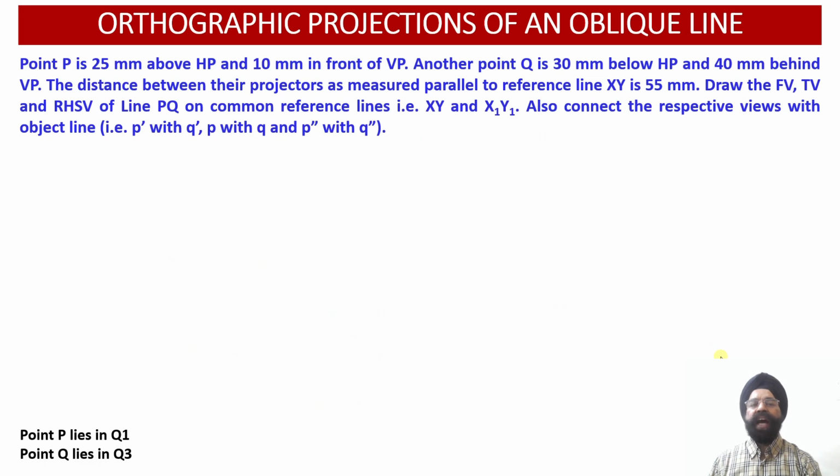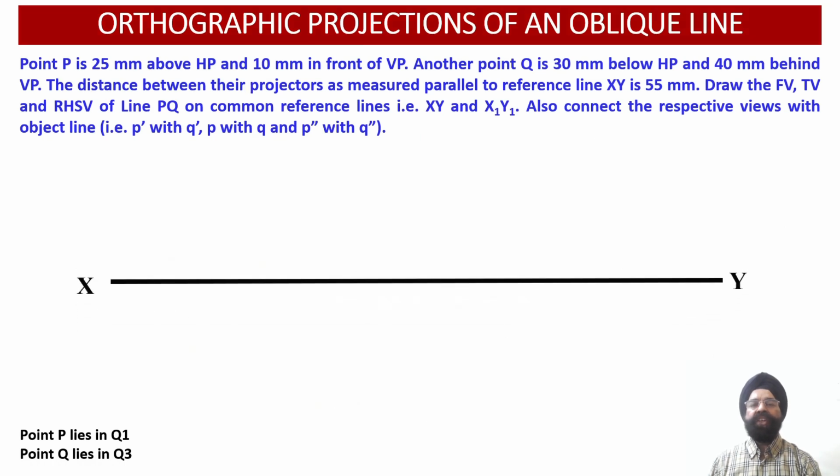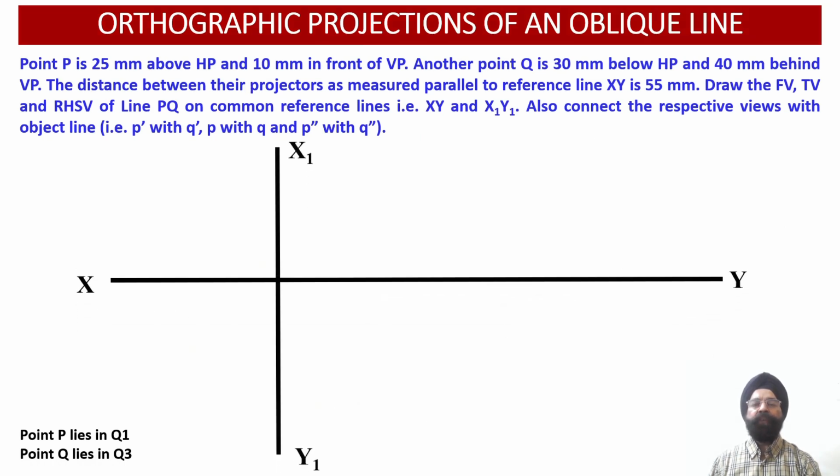So let us start with the construction of the orthographic projections of an oblique line PQ, in which point P lies in quadrant 1, point Q lies in quadrant 3, and we have been provided with the distance between the end projectors of the points P and Q measured parallel to the XY reference line.